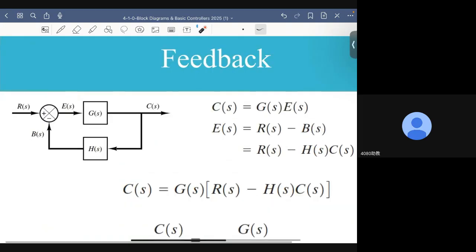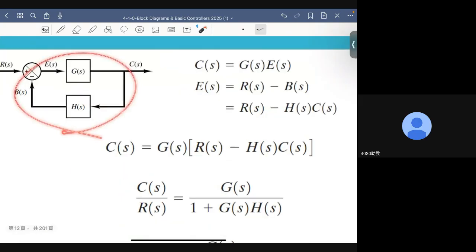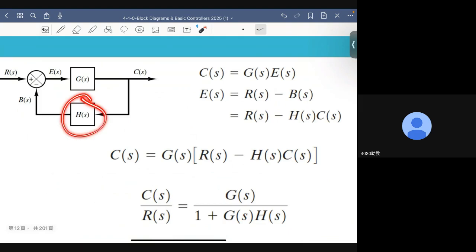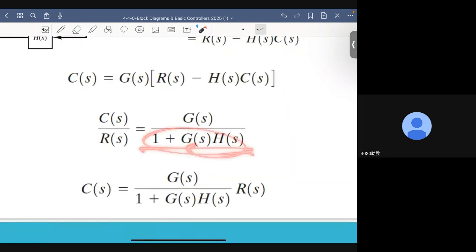So one possibility is that I just accept the system as what it is. I don't do anything about it. However, in using that system, I don't operate it in open loop configuration. I operate it in feedback loop. Now, by doing that, by using the right H, okay, I can come out with a new characteristic equation, which means I have the freedom to relocate the poles of the feedback control system.